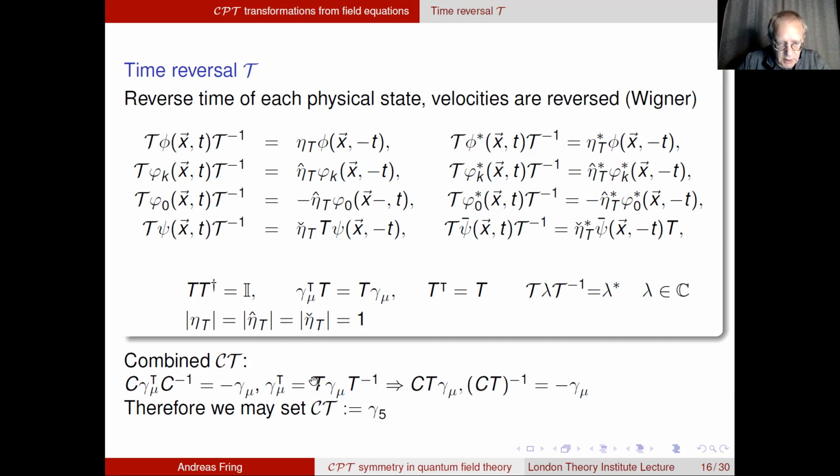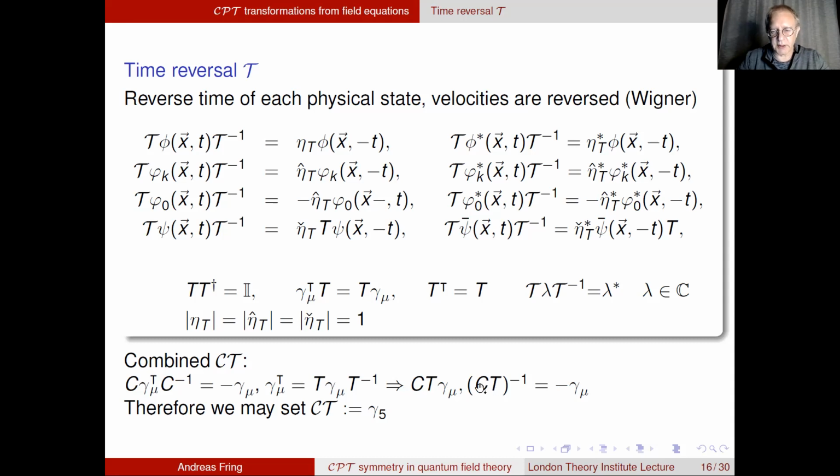And if I combine this now, I just plug in the gamma transpose into this expression over here with the adjoint action of the C, then we simply get that CT acting adjointly on gamma mu introduces a minus sign.